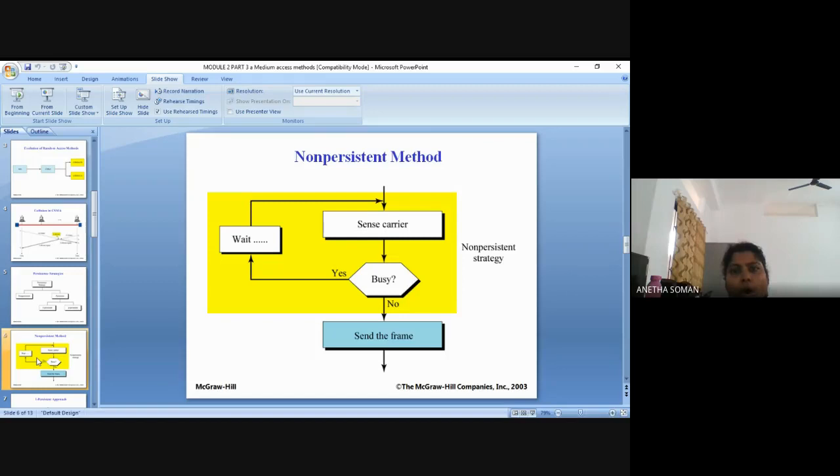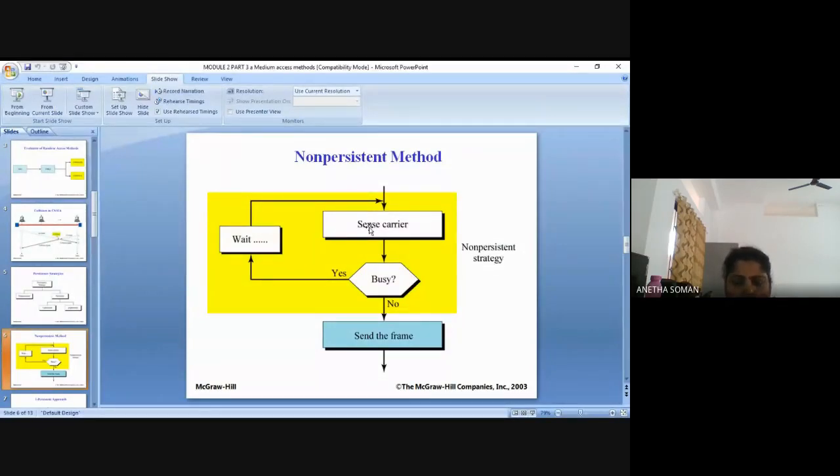The first one is the non-persistent method. In the non-persistent method, if a station has data to send, it will first sense the carrier, or sense the line.